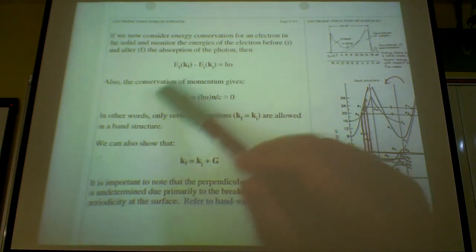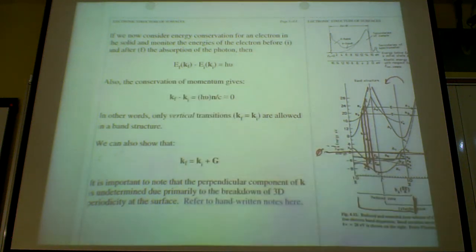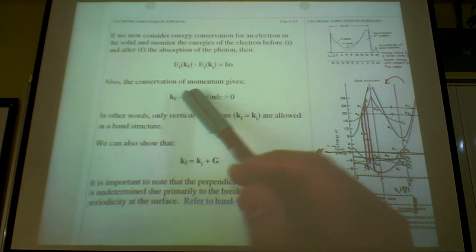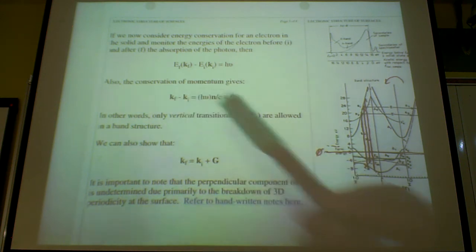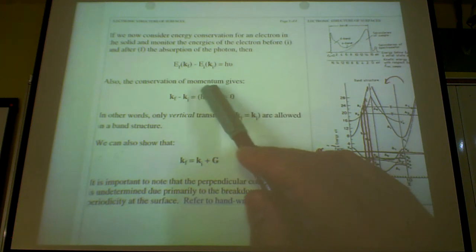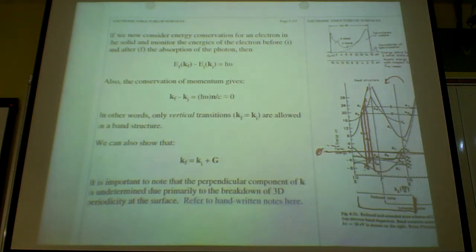So this is basically conservation of momentum, the sum of the electron momentum before and after. It looks like a difference here, but it actually is a sum because of the direction, right? The difference in the momentum must equal the momentum of the photon, and the linear momentum of the photon, of course, is 0. Photon does have an angular momentum of 1.